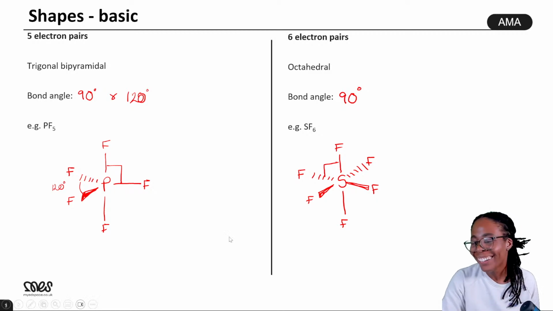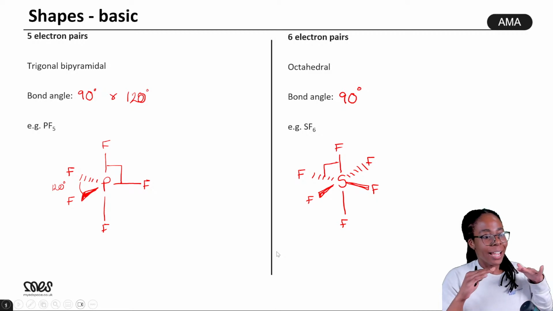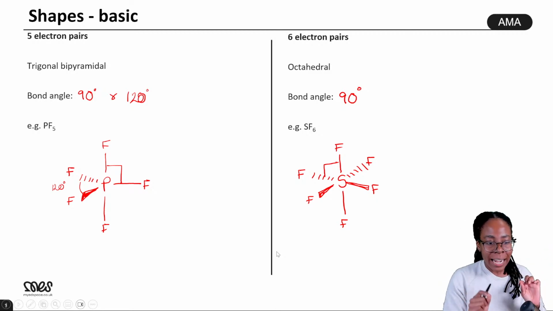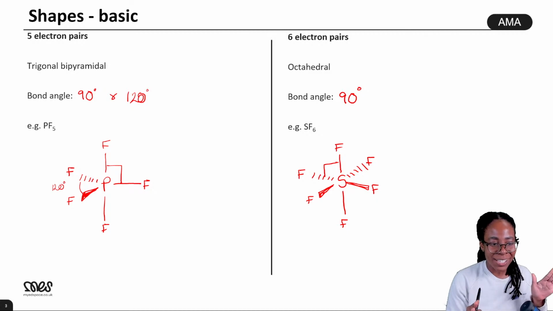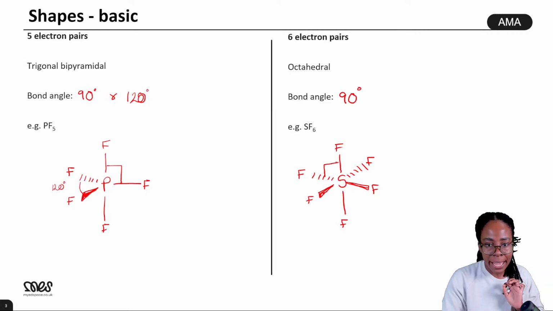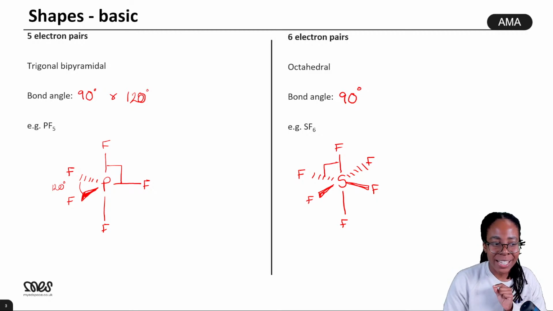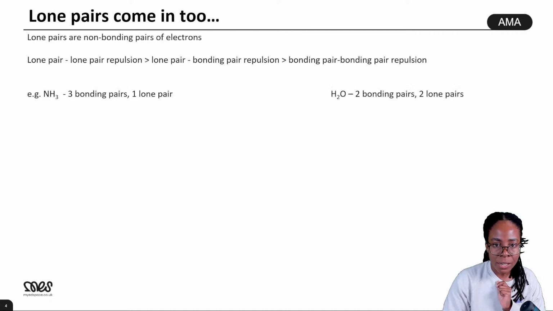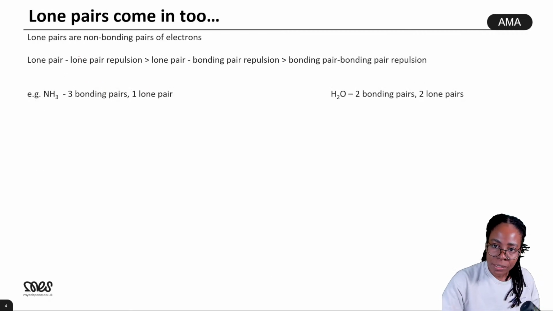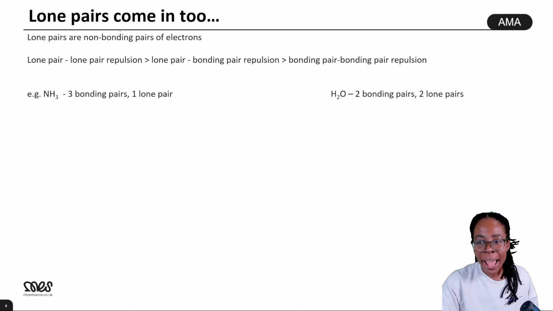See, there we go. Okay, so again, our electron pairs want to be as far away from each other as possible, because electron pairs repel. But when we haven't got just bonding pairs, that's when it gets a bit more complicated, because lone pairs, which are non-bonding pairs of electrons, repel more than bonding pairs do.